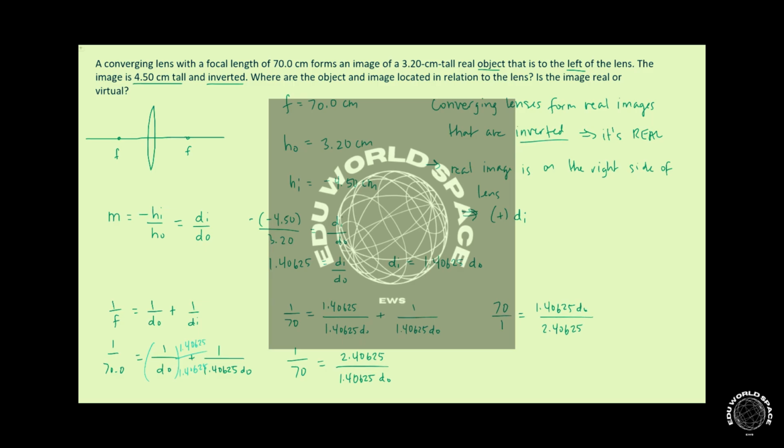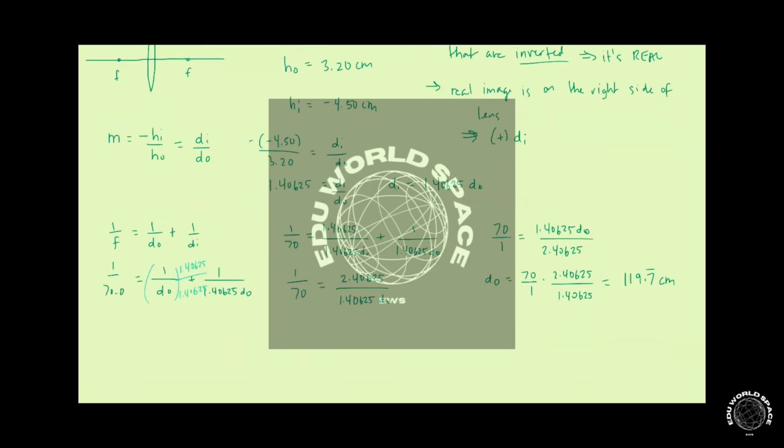And then isolating dO, we will end up taking 70 over 1 and multiplying it by 2.40625 over 1.40625. And that's going to give us a value of 119.7 centimeters. If I had rounded my factor there to 1.4, I probably would have gotten 120 even, I'm going to guess, but that's okay.